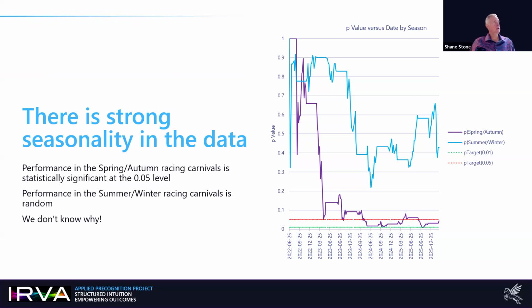It could be, let's call it atmospheric interference. So for some reason, spring and autumn, whatever interferes with the signal is different. Or it could be something within the viewer. So spring and autumn are generally more pleasant than summer and winter. So it may be that people are just happier in spring and autumn, and that's what's causing it. So don't really know what's happening, but I'm pretty confident that it is happening. And again, that's useful intelligence as well that's come out of this work.